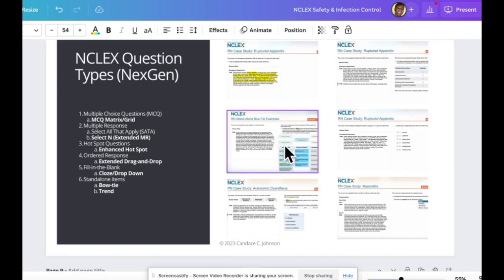So with that said, it's pretty straightforward. And then there's the bow tie question. The bow tie question style requires a little bit of explanation. However, it's basically just a drag and drop question with 5 targets. And then there's the select N, a little variant on the select all that apply, but they give you the number that you need in order to answer the question correctly.